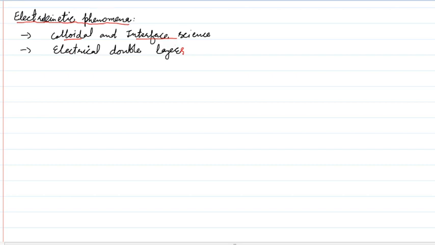This electrokinetic phenomena is concerned with the flow properties of colloids, and also provides the stability of the colloidal systems.